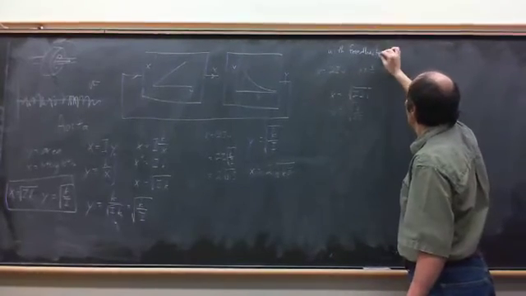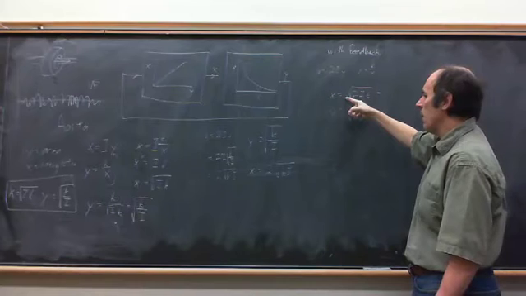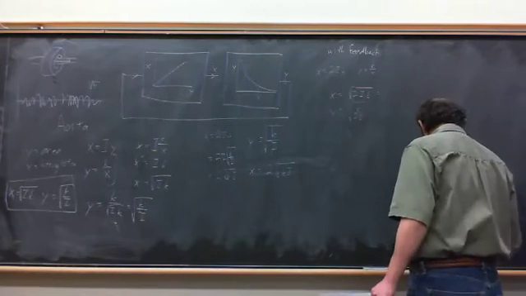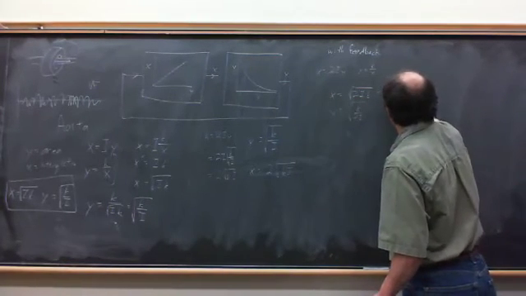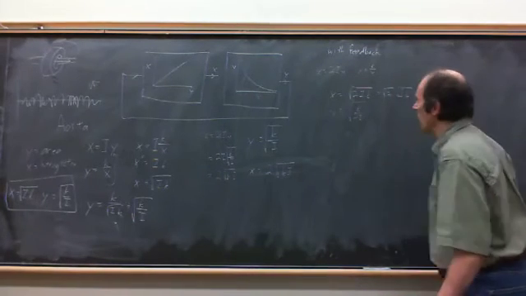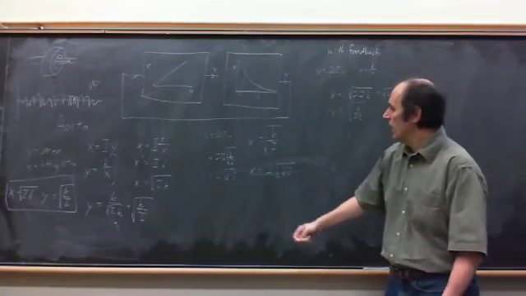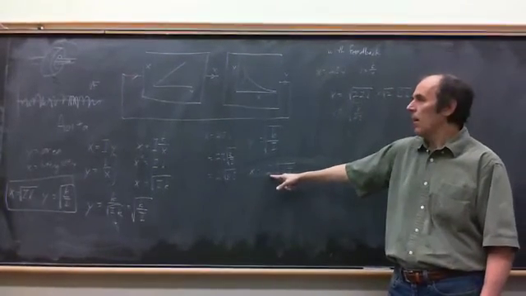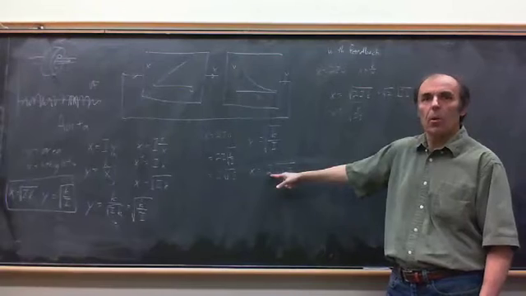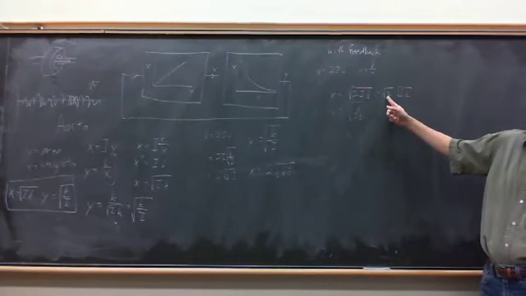And what you find is that X looks the same as it originally did, except it's multiplied by square root of 2. So, with no feedback, X doubled. The amount of light hitting the retina doubled. With feedback, it only went up by square root of 2, which is like 1.4.